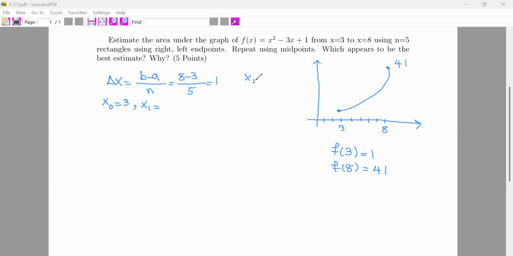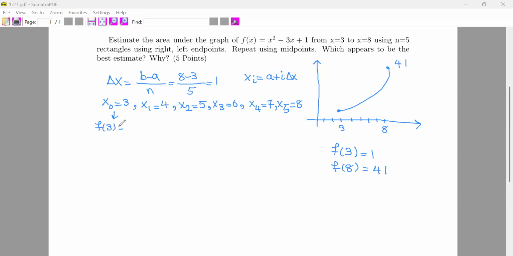The formula says x of i equals the first one plus the multiples of delta x. Here delta x is 1, so we add 1 to the previous point. So we have 4. The next point will be 4 plus 1, which is 5. And the next ones, 6, 7, and the last one, 8.